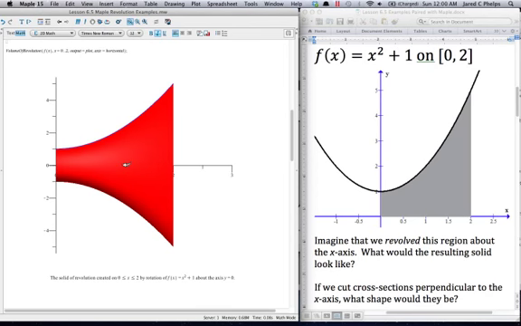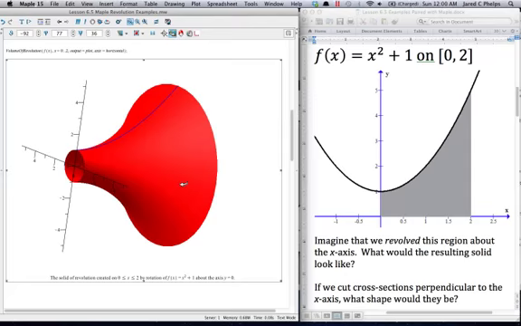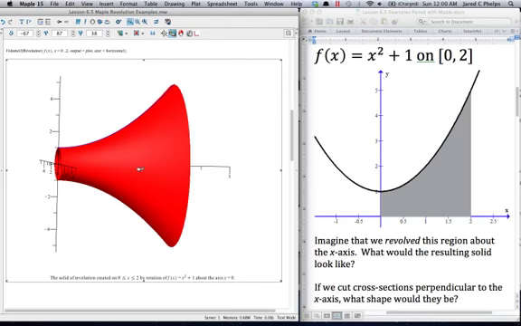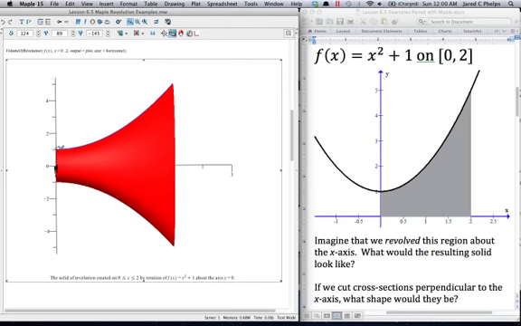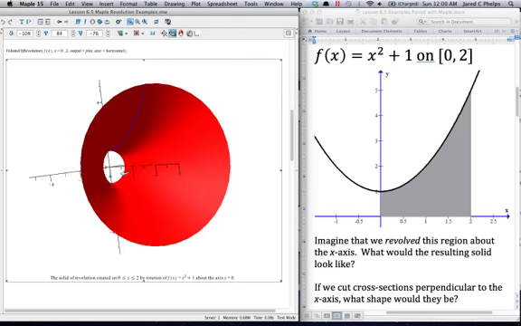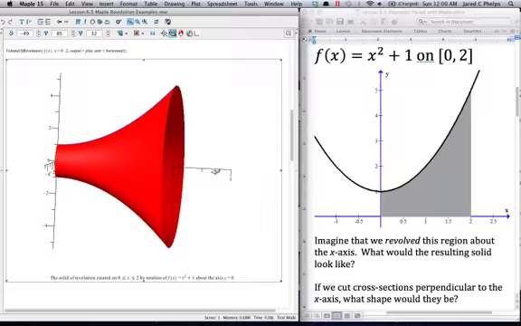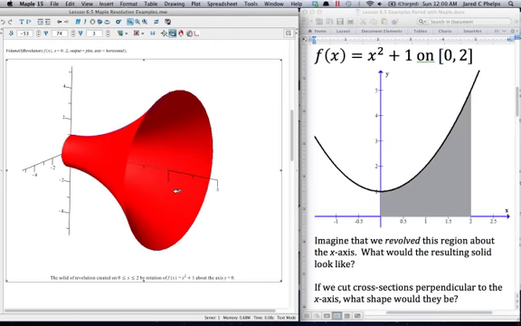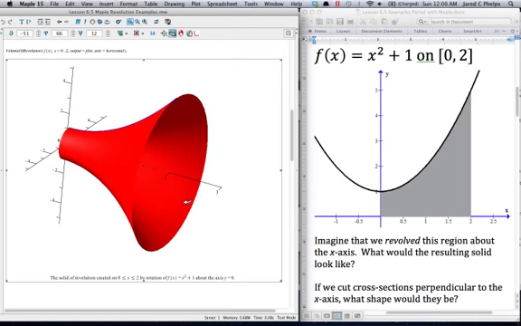But what's more is that the thing would actually be a volume, right? This is the parabola shape here, and when you revolve it around, sure, it's going to land down here in the negative section, but the thing's also going to be three-dimensional. It's going to be this horn-shaped thing.